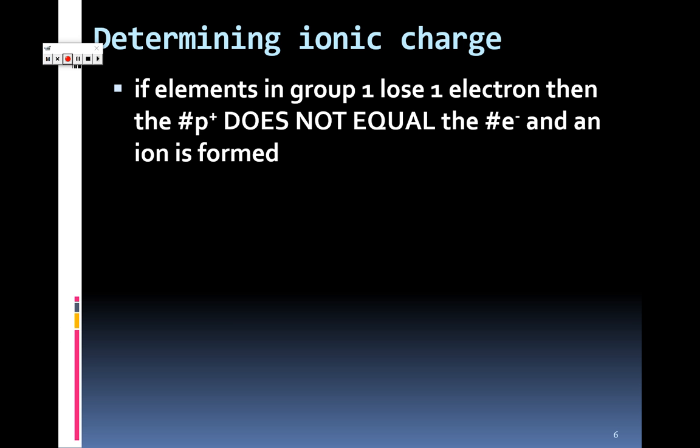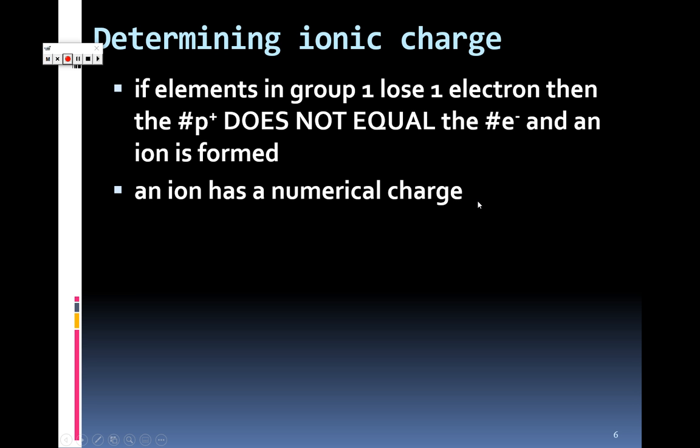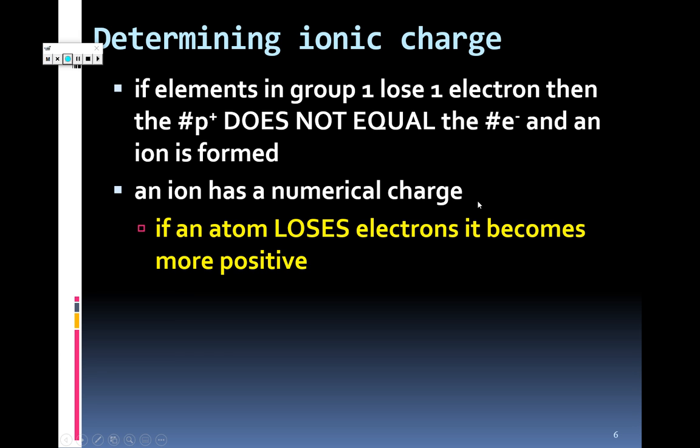And remember, we're just going to use the relative charge, +1, -1. So an ion has to have a charge. If it loses electrons, it becomes more positive, or there are more protons than electrons.